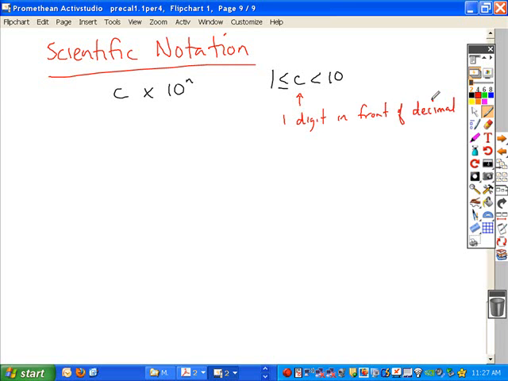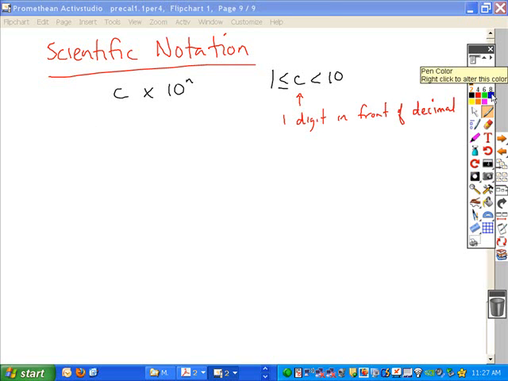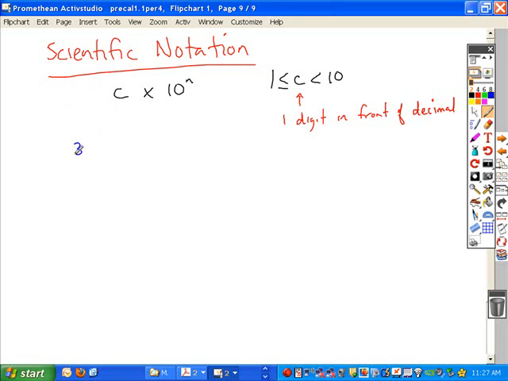Now, scientific notation is used for extremely large or extremely small numbers. Usually it's inefficient to use for a number like 100 or 234. But if you take some number like this, scientific notation allows a more efficient way to express it.